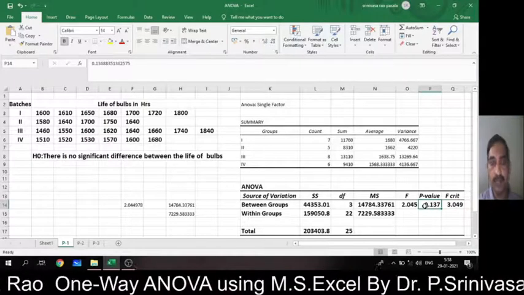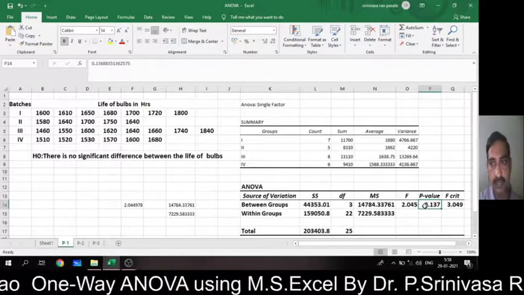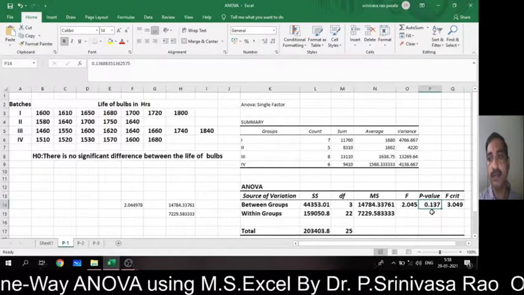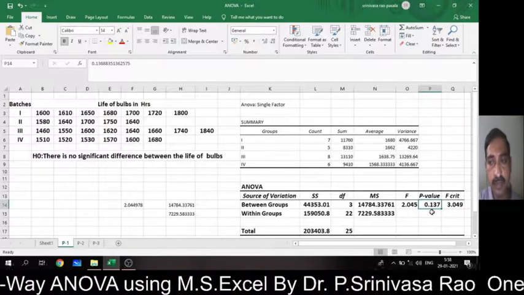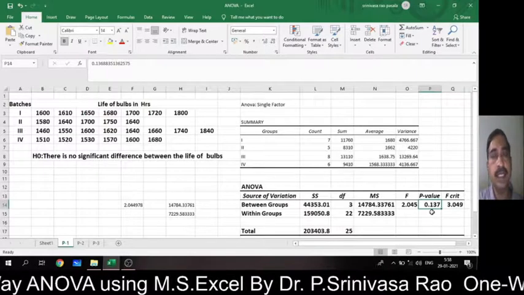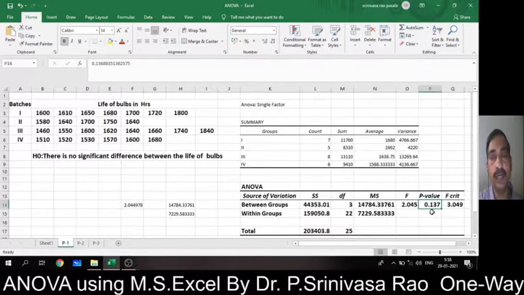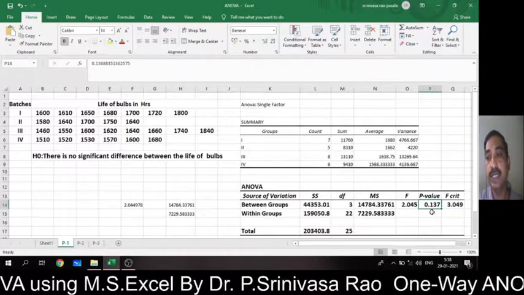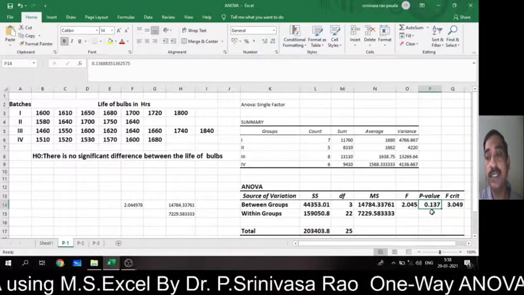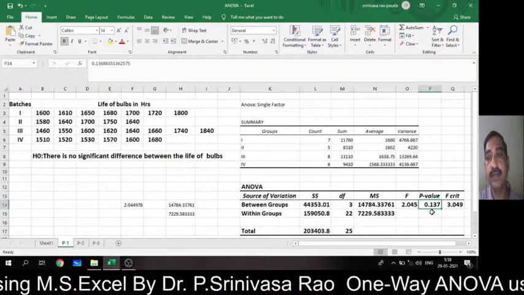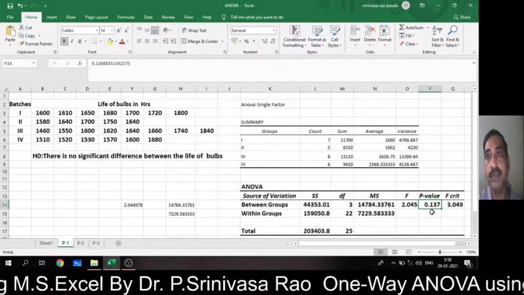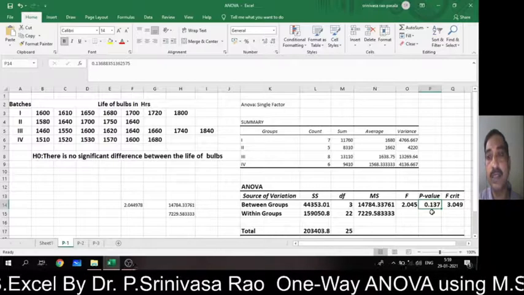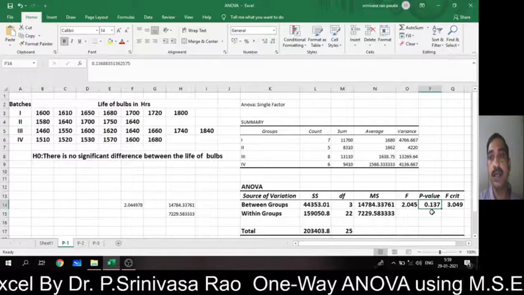But in general, there is no need for this comparison; you can directly take a decision by using the p value. Most software gives only p values and does not give the F critical value. There is a thumb rule, you remember that: if the p value is less than 0.05, then you say that the F value is significant, which means you reject the null hypothesis.